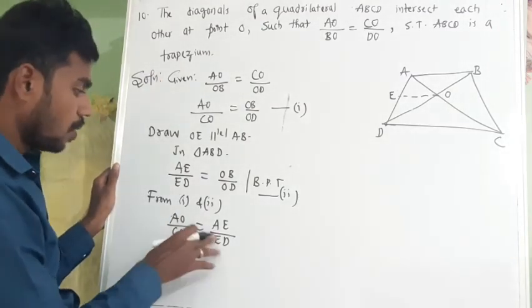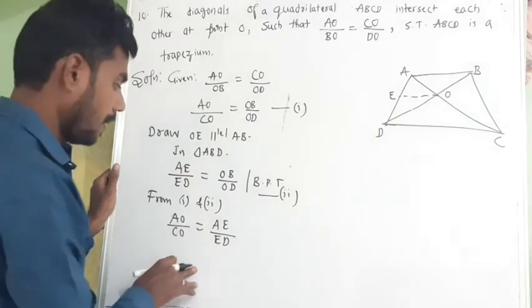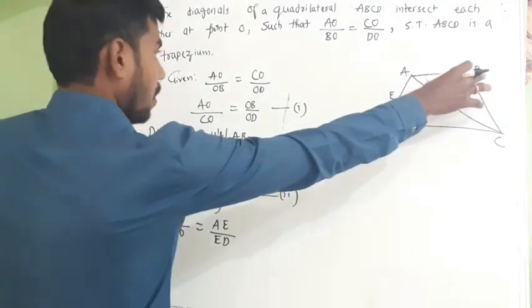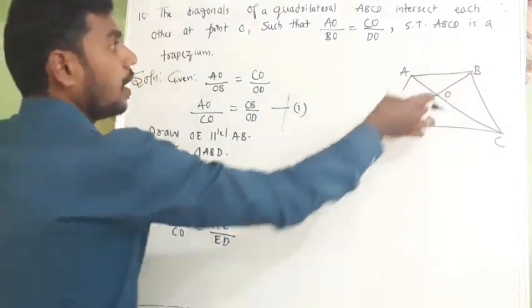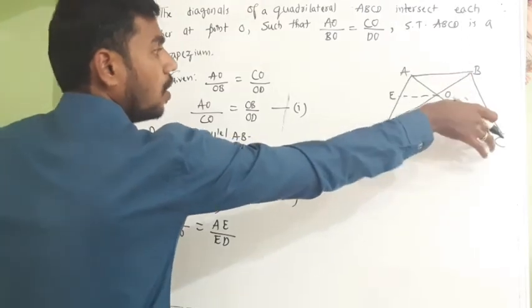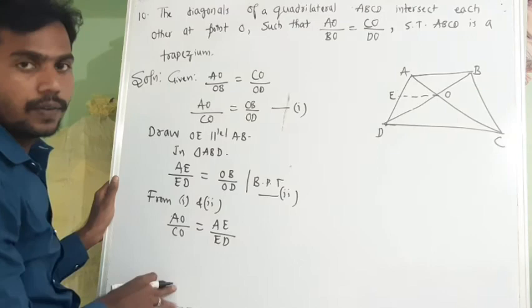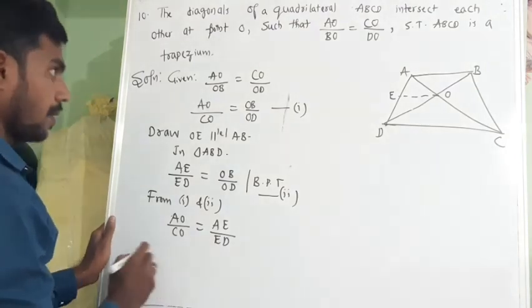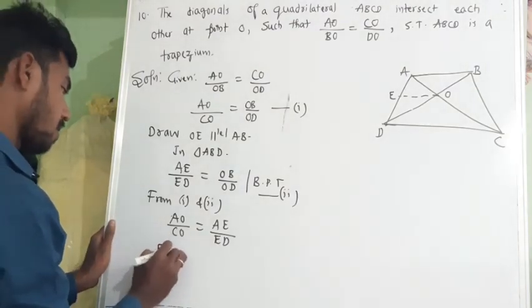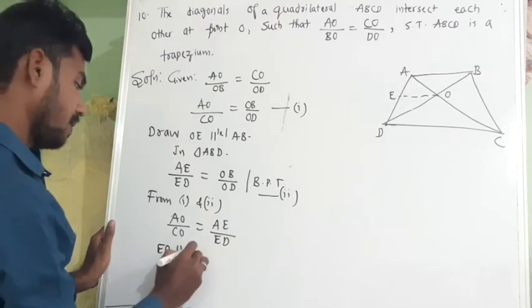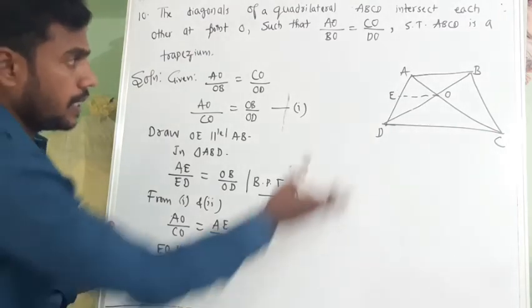AO by CO is equal to AE by ED. See, now we proved that AO by CO is equal to AE by ED. So by the converse of BPT, what can I say? EO is parallel to CD.